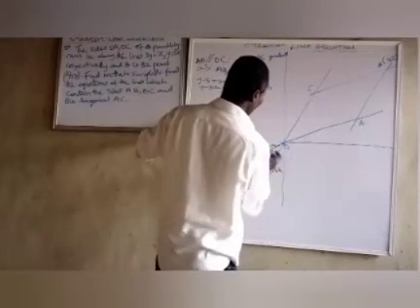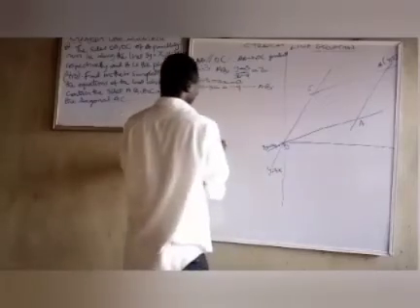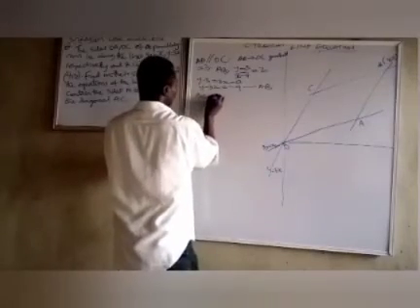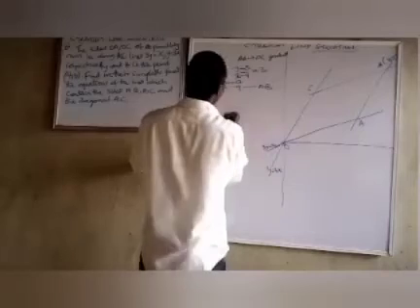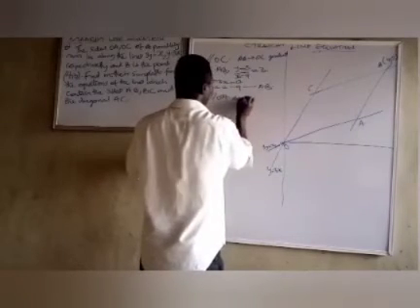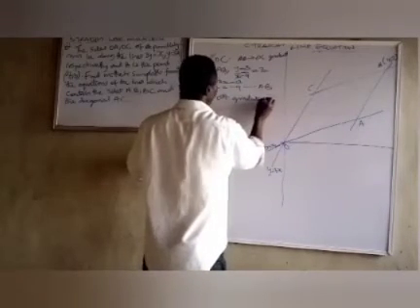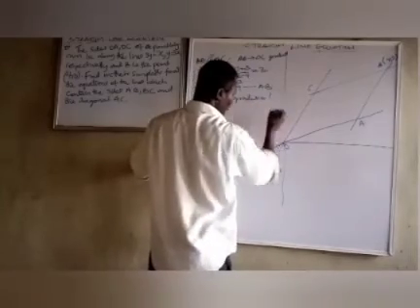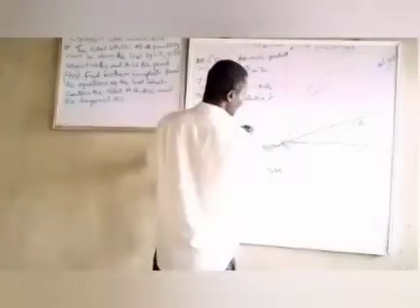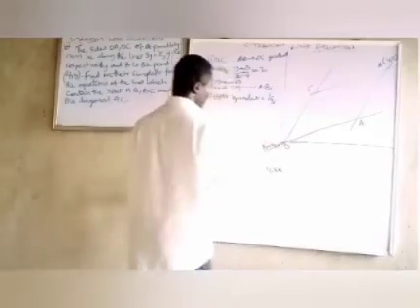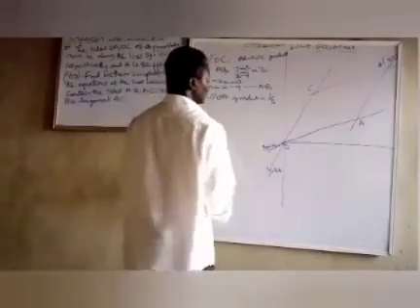So for the side BC, it is parallel to 3y equals x. So BC is parallel to OA, and the gradient is 1 over 3.